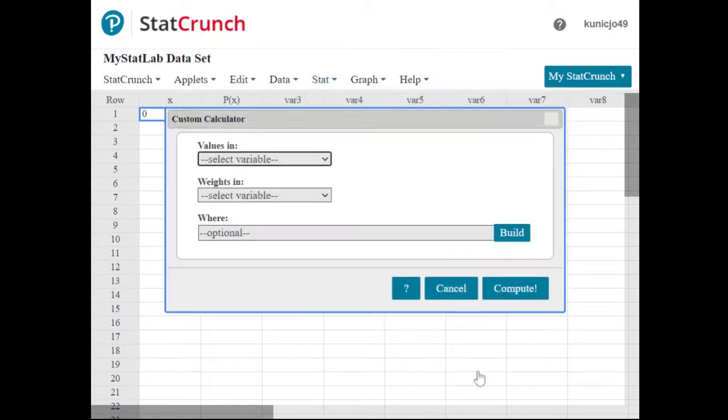Let me see if it's custom. Yeah, the values are in x, and the weights are in p of x.